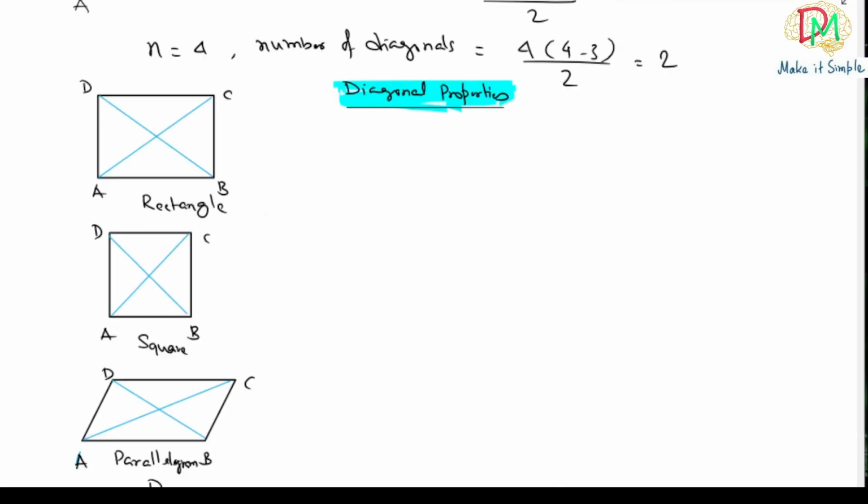Now we learn properties of the diagonals of different quadrilaterals. First is rectangle. In this example, ABCD is a rectangle where AC and BD are the two diagonals, and for rectangles, the diagonals are equal and they bisect each other. So we can write that they bisect each other, and also they are equal.